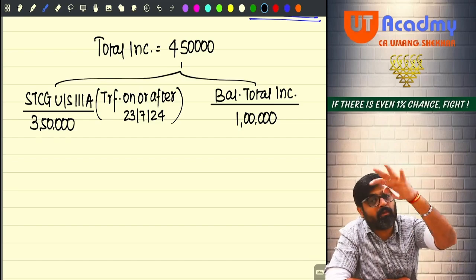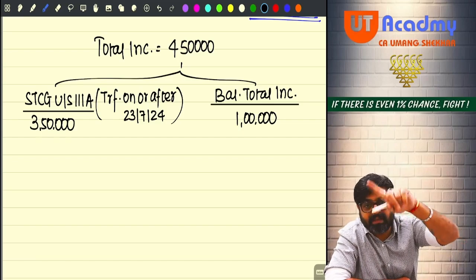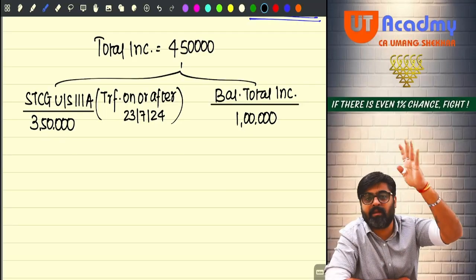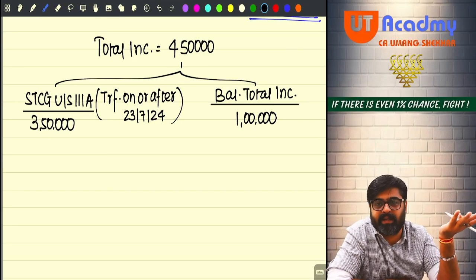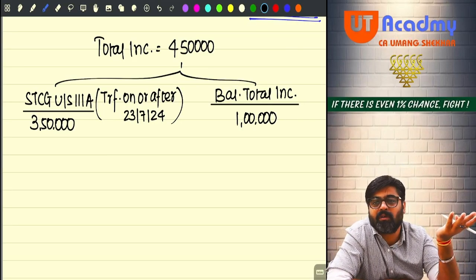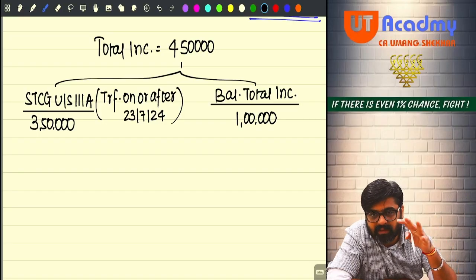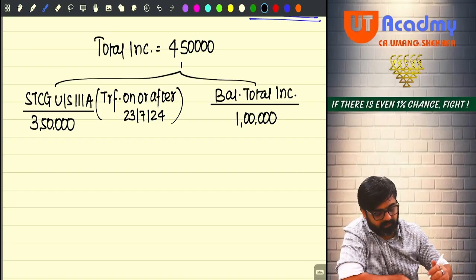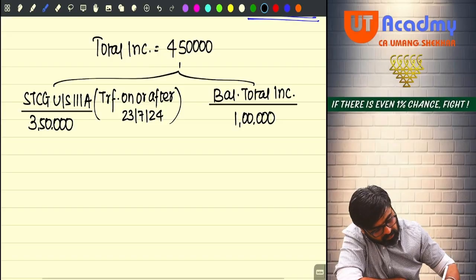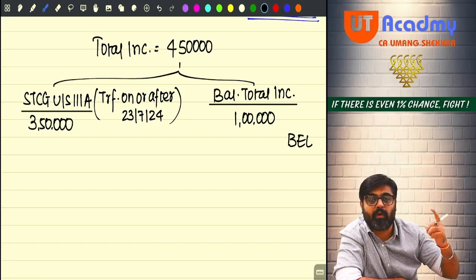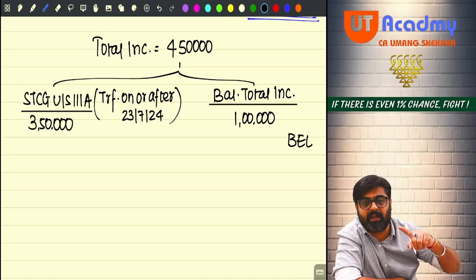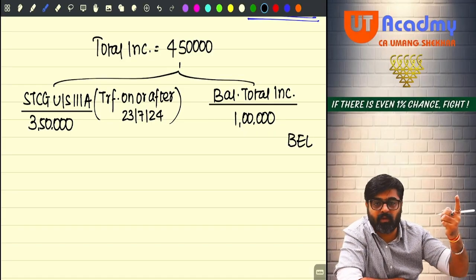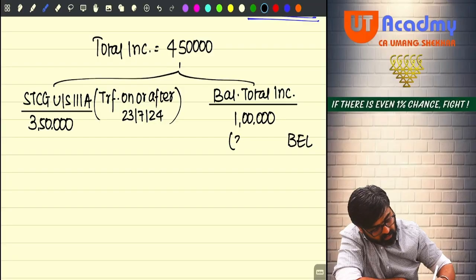If this type of income was not there in my total income, I was not supposed to pay any tax. Yes or no? So in that case, do one thing. How much was your basic exemption limit? Tell me. If you are following 115BAC, then take 3 lakhs. But if you are not following 115BAC, then take 2,50,000.